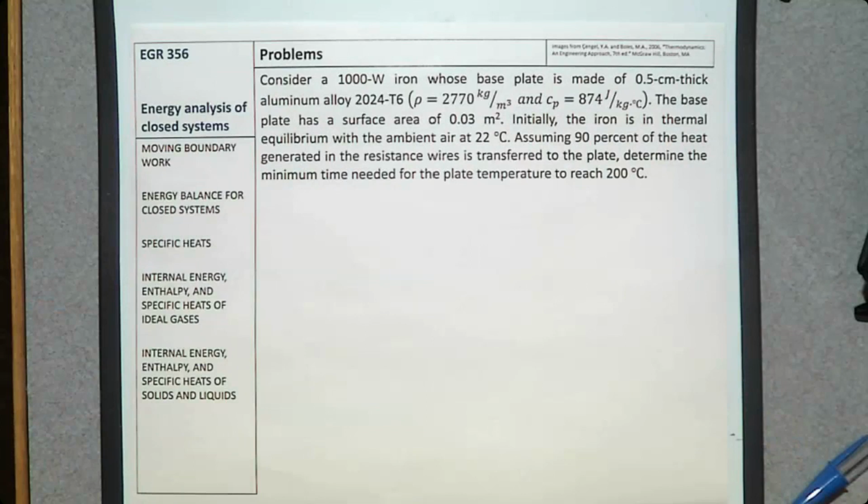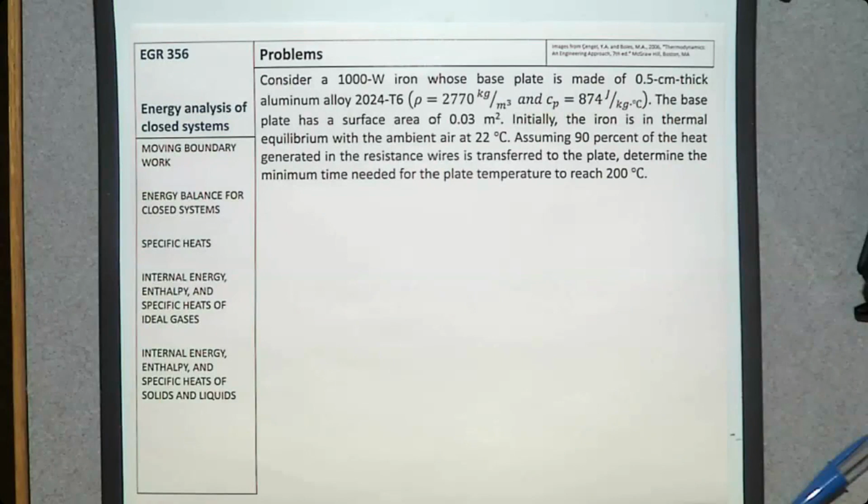And the iron is in thermal equilibrium with the ambient air at 22 degrees Celsius. That means that the initial temperature of the system is at 22 degrees Celsius. Assuming 90% of the heat generated in the resistance wire is transferred to the plate, determine the minimum time needed for the plate temperature to reach 200 degrees Celsius.